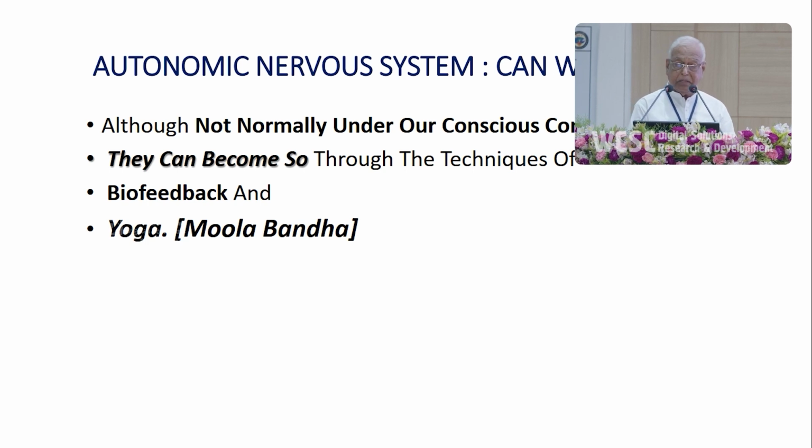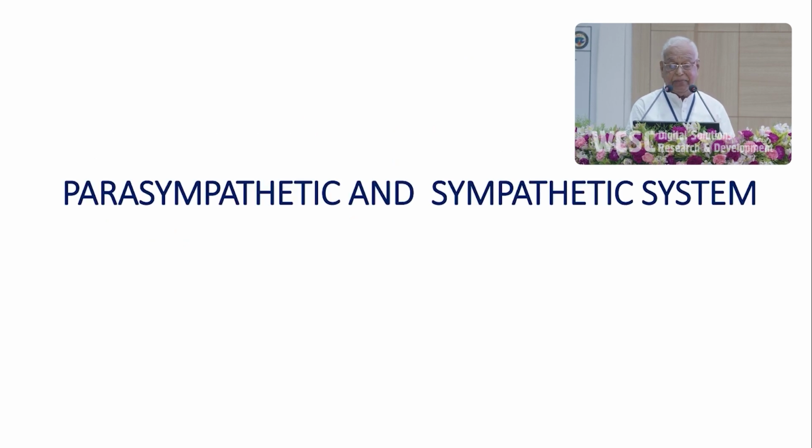That parasympathetic system is usually not under our conscious control. Usually the autonomic system is not under our control, but through biofeedback and through Mulabandha, by stimulating the pudendal nerve, we can activate the parasympathetic system.